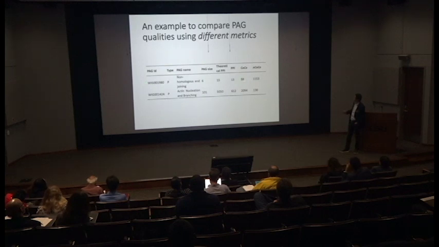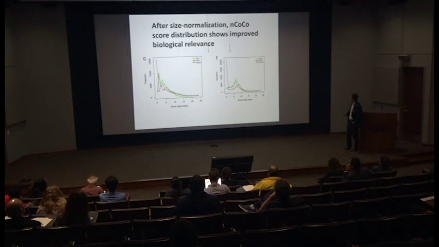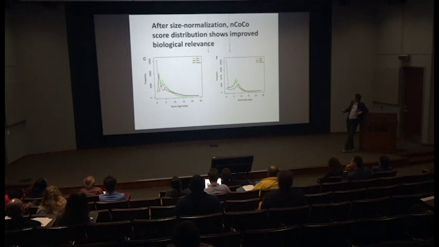Initially it has a smaller COCO score, but after adjustment for this small pack, it's very biologically significant. And this other one was initially large, and then after adjustment, it comes down. I'll skip this and essentially continue to say that the information is very significant even after we adjust for the size.